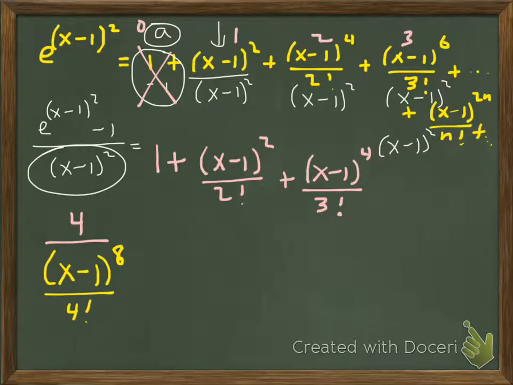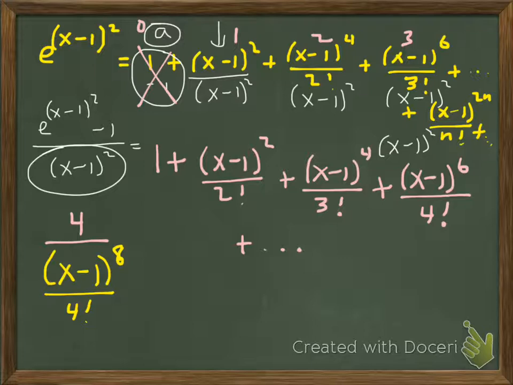Our fourth term then in our current series would be x minus 1 to the 8 minus 2, which would be 6. We could have used the pattern as well, and then we would still have that over 4 factorial. Plus dot dot dot, so we want to make sure we get our nth term as well.